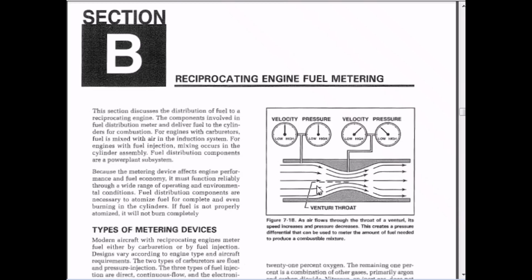Subsonic speed means that the gas, let me ask you, is gas incompressible or compressible? What does incompressible mean? Incompressible means it is not compressible, cannot be compressed. Compressible means it can be compressed.